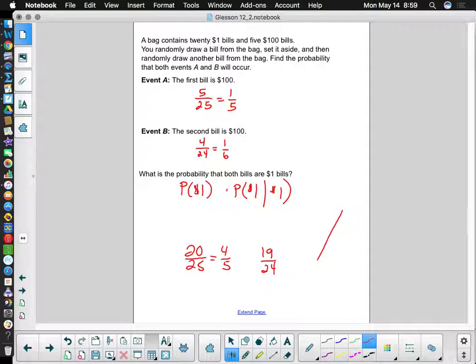Actually, I can reduce this right away. 4 and 24 reduces to 1/6. Just a little math here since I'm multiplying. So that's 19 over 30. So 19 out of 30 times you will get 2 $1 bills. 1 out of 30 times you get 2 $100 bills. There we go.